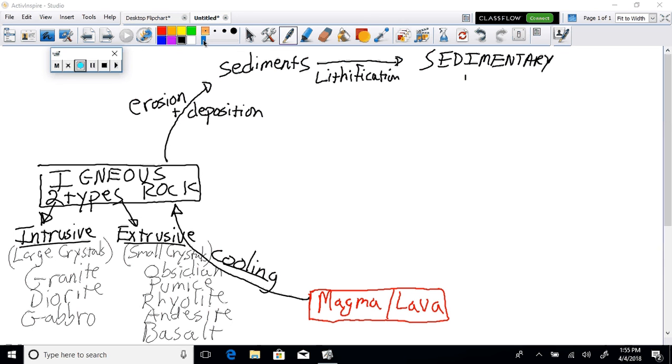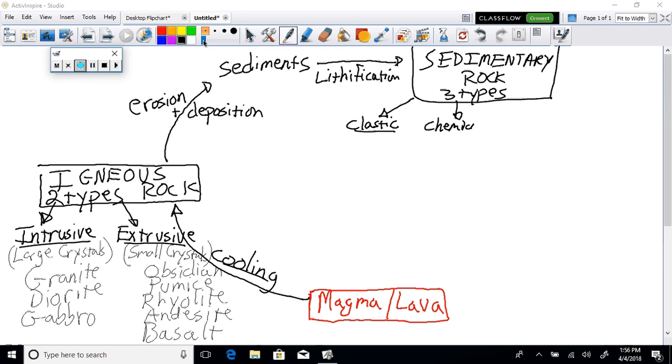Sedimentary rock, of which there are three types. Okay? Three types. Your first type, there's a lot of them, is called clastic. Your second type is called chemical. And your third type is bio, or biochemical.